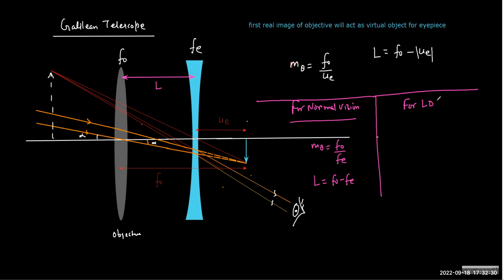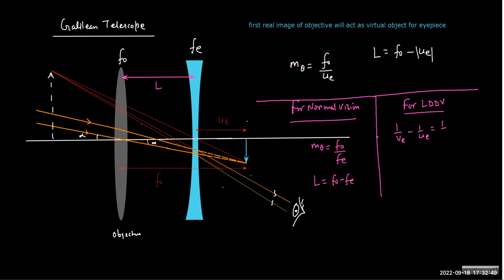For LDDB, the M becomes FO into 1 by UE. Now we have to write in value. So let me solve it. 1 by VE minus 1 by UE equals 1 by f.